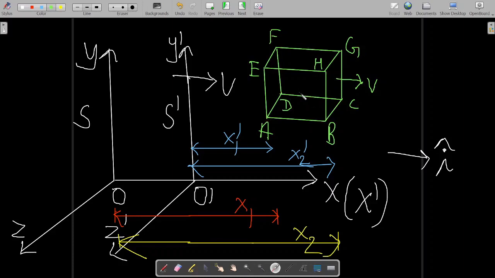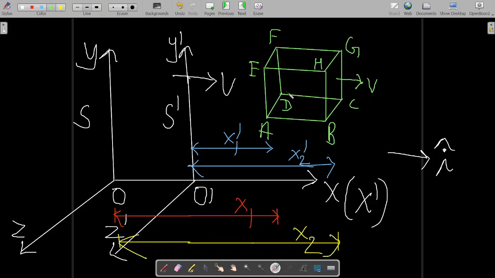But what will happen to the other edges? AE will not contract because it is perpendicular to the direction of motion. BH will not contract, CG will not contract, and DF will not contract because they are perpendicular to the direction of motion.